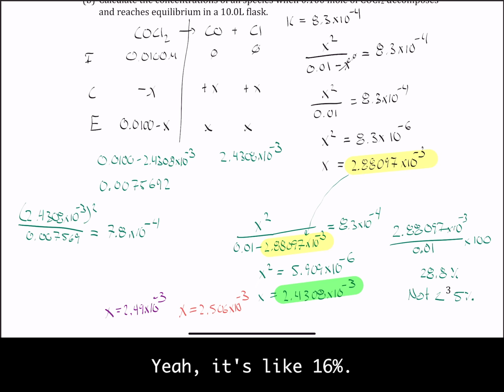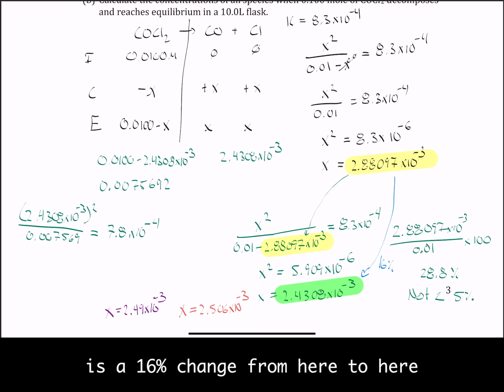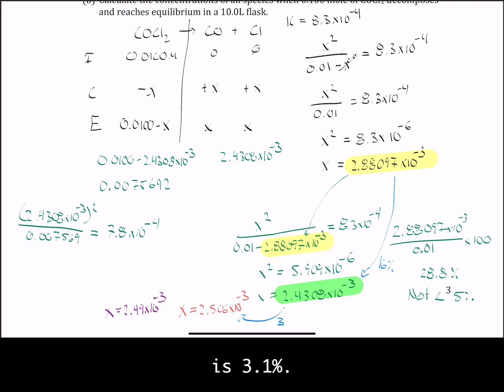Yeah, it's like 16%. So from here to here is a 16% change. From here to here is 3.1%.